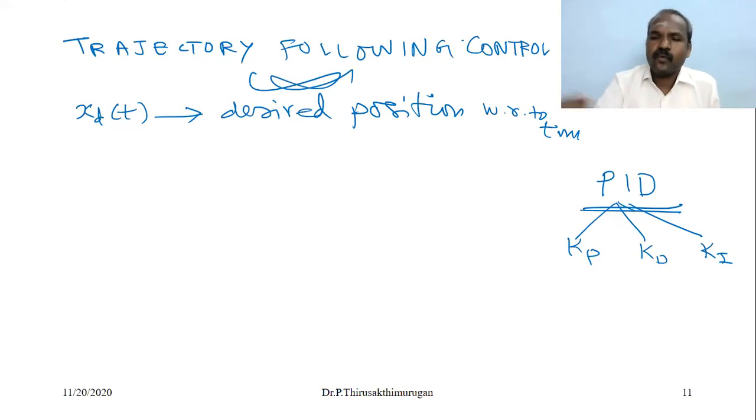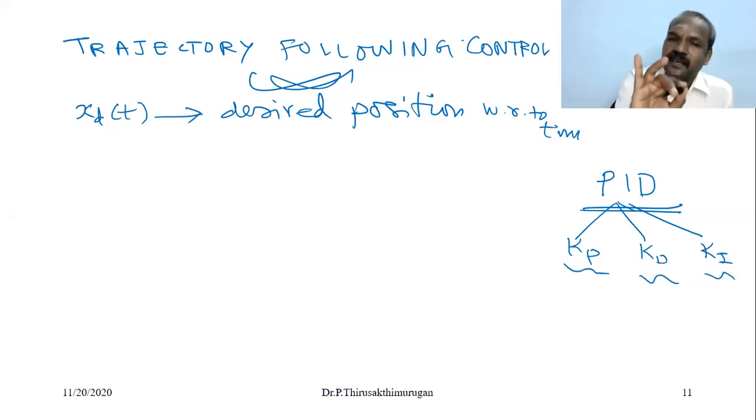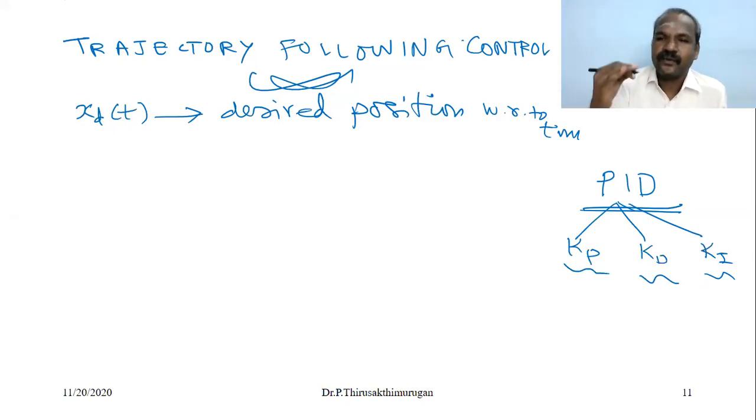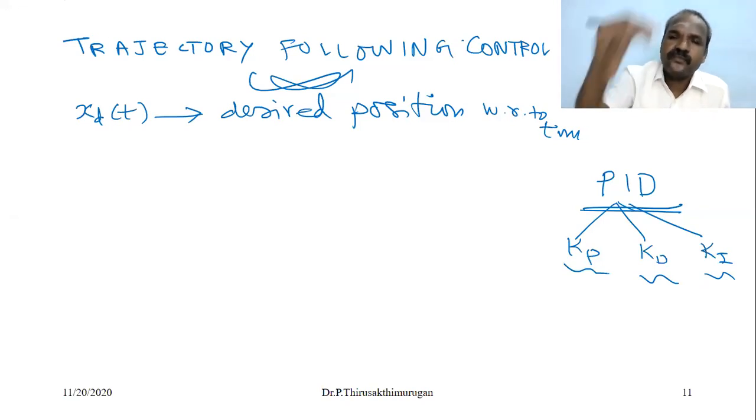Why don't we have 4 controller gains? Because tuning is very difficult. What is tuning? Determination of the KP, KD, KI. If it is 3, maximum 3, it is easy. If 2, very, very easy. If you go higher than 3 controller gains, then it is very difficult.